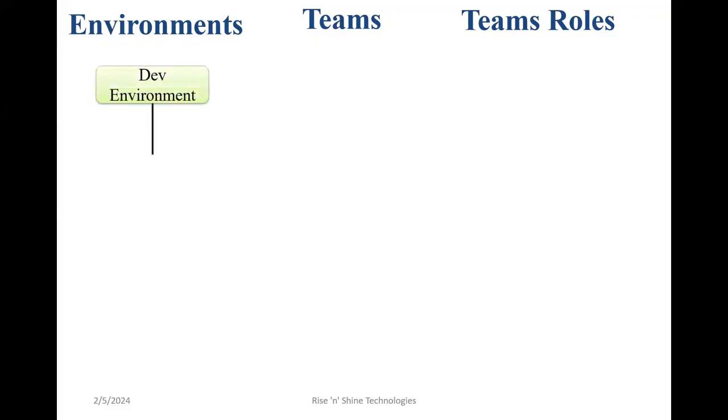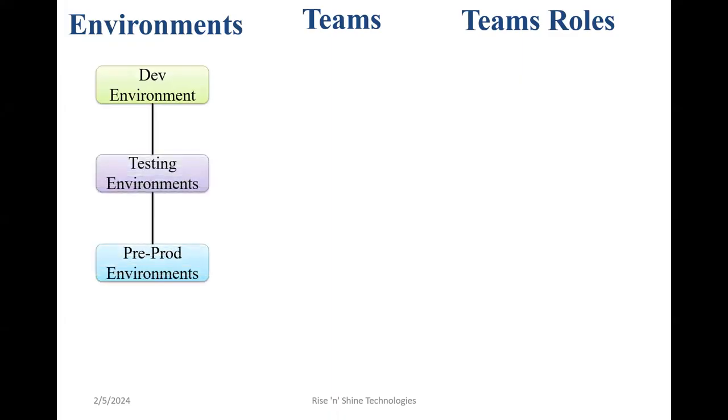As we are understanding, development environment, then testing environment, then pre-prod. So here we have represented only 4 environments, maybe client-based. So it will be 3 environments, or maybe it is 6 environments, or 7 environments, or 5 environments. We don't know that.